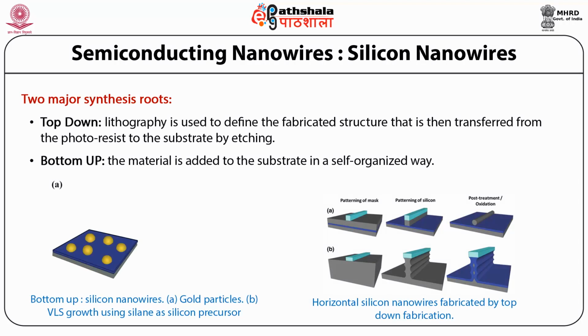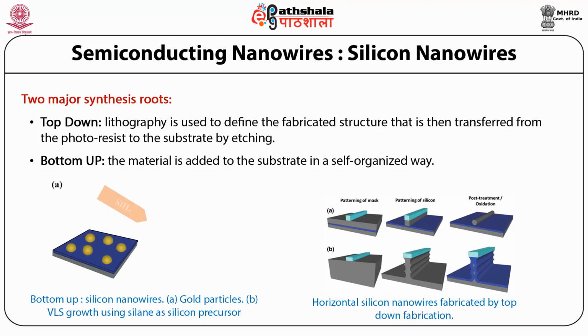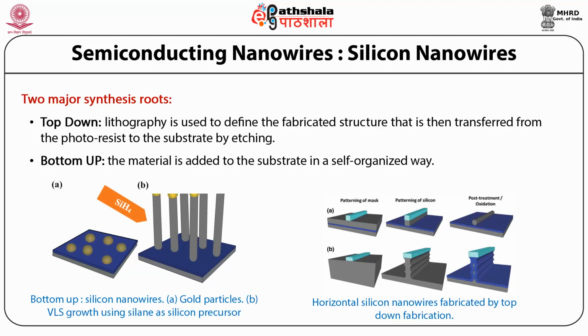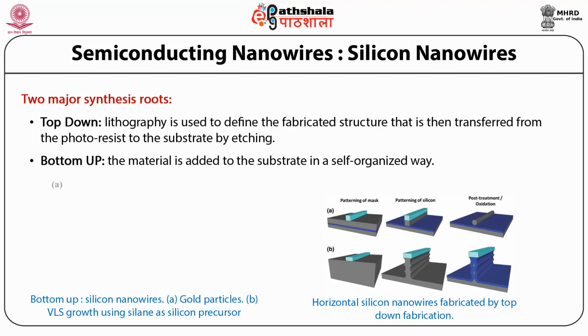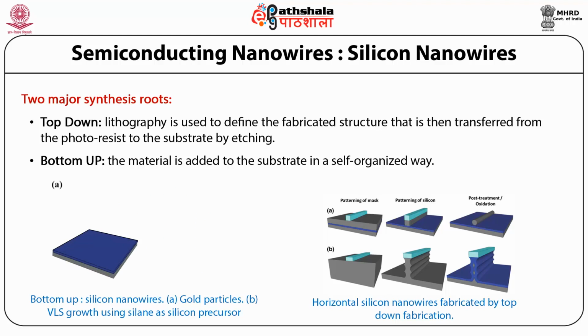I want to discuss the example of silicon nanowire. They are semiconducting in nature, dear student. There are many different types of nanowires, such as superconducting YBCO, yttrium barium copper oxide; metallic, for example nickel, platinum, gold; semiconducting, silicon nanowire, indium phosphide, gallium nitride nanowires; and insulating, which is silicon oxide or titanium dioxide nanowires.